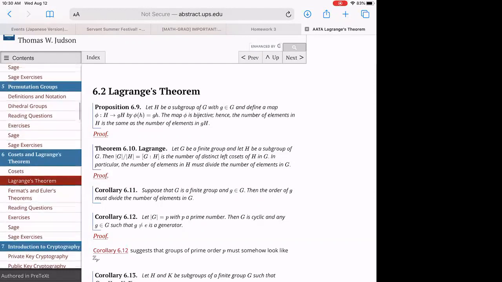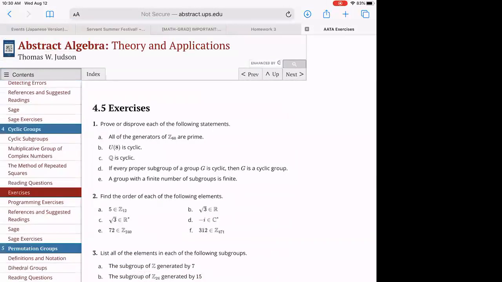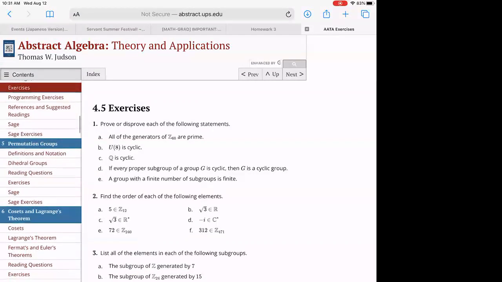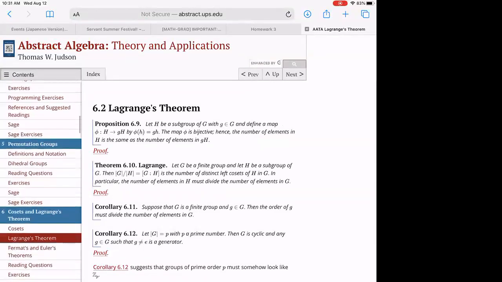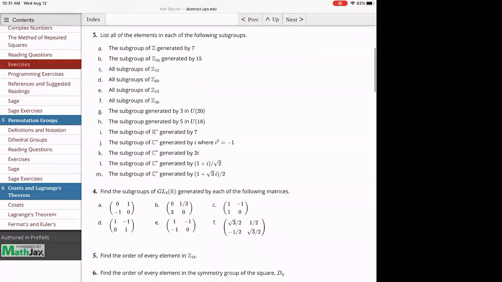But you can't use that yet. There's a proposition in section 4, but that's only for cyclic groups. This one is for any group, right? If you recall corollary 6.11, it's not just for cyclic groups. But sadly, you can't use that now.